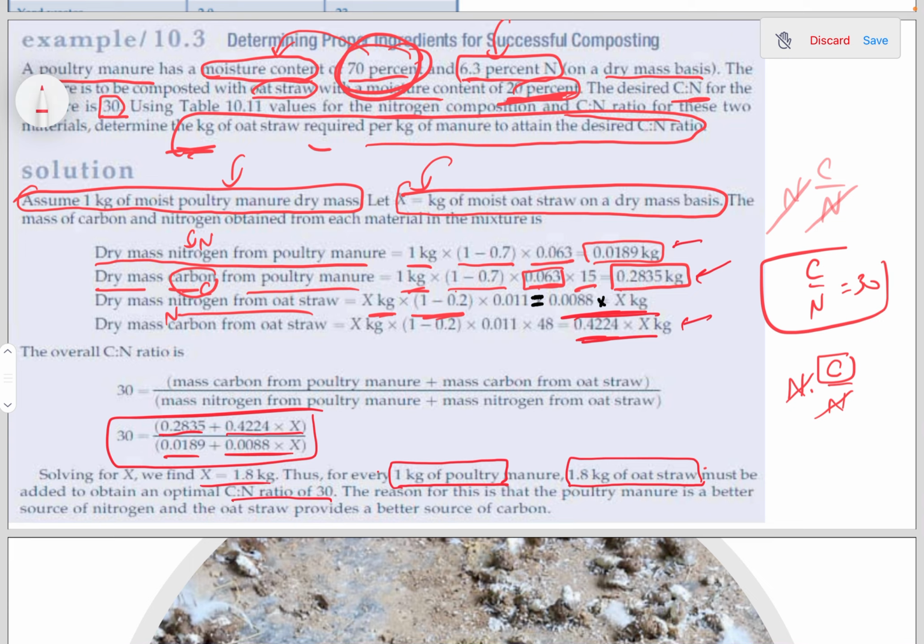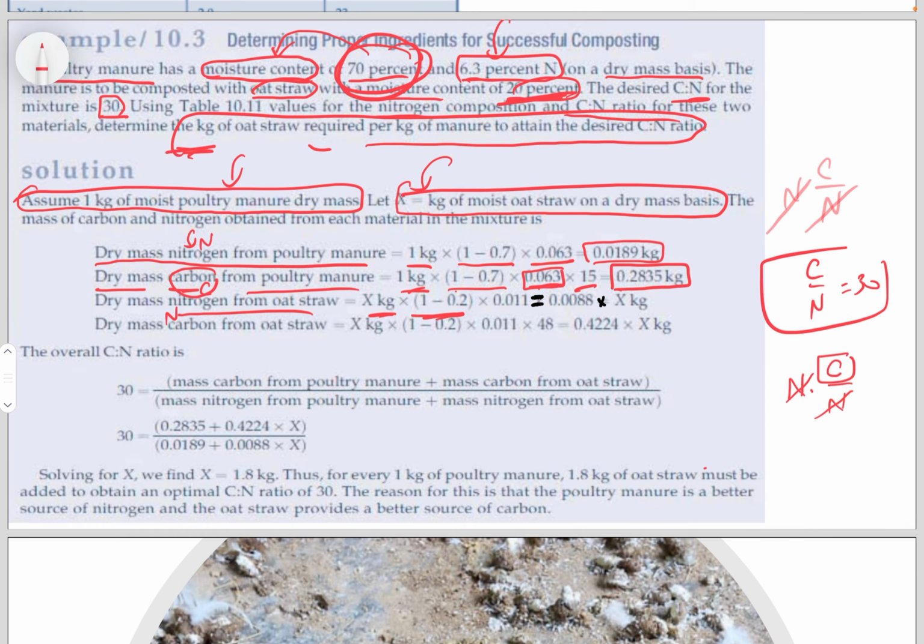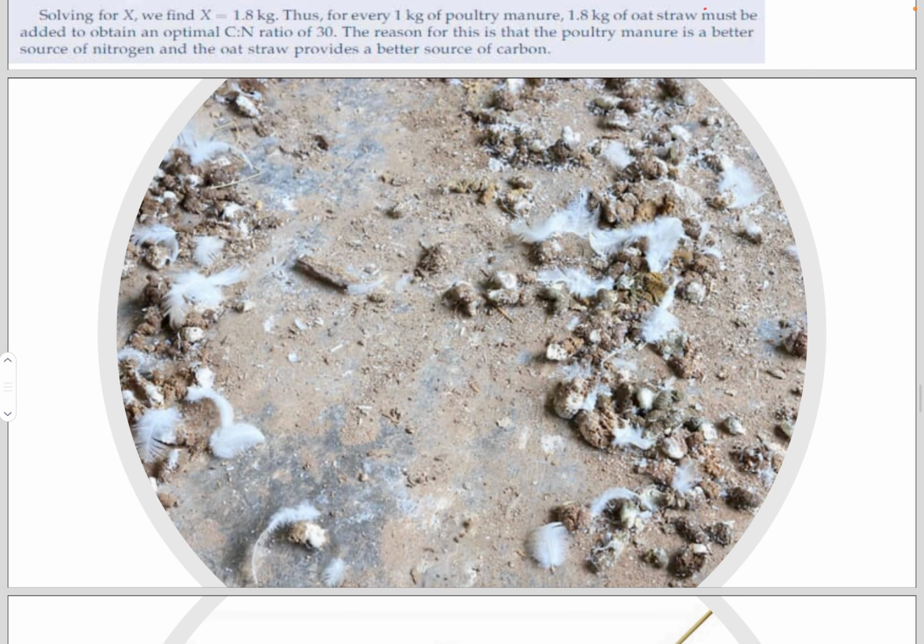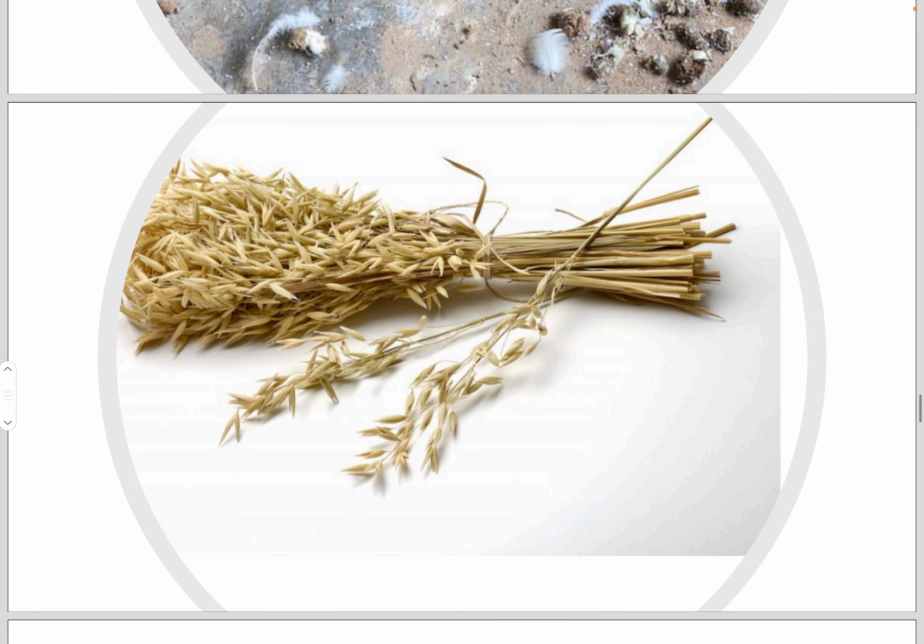Now we are fine. Now we're going to produce something that makes the land fertile, and hopefully everything would be good for creating greenery and trees and everything else. This is an example of poultry manure, and this is an example of oat straw. Thank you.